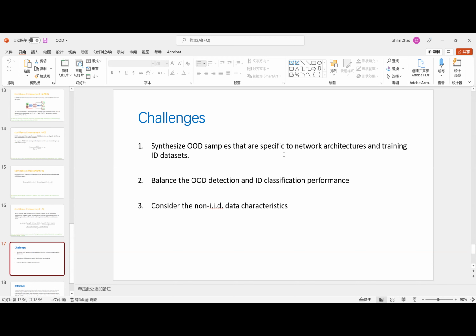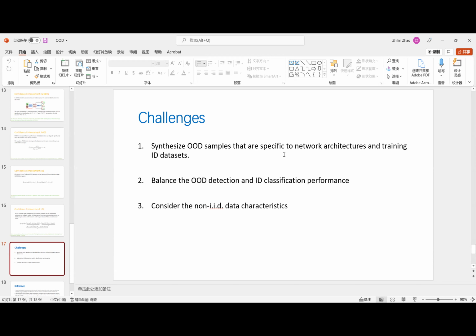Different network architectures and different in-distribution training data sets can produce different networks, so different networks should have different OOD samples, right? So the first challenge is how to generate specific OOD samples for a given network to help it improve its OOD sensitivity.